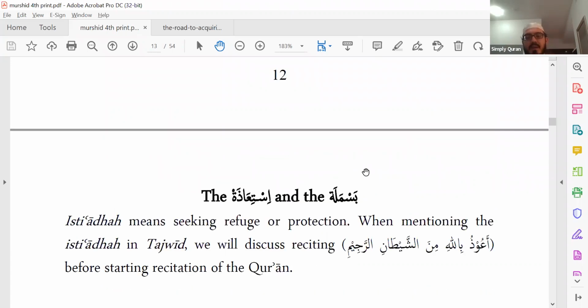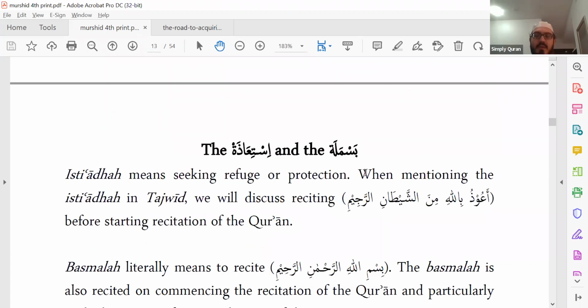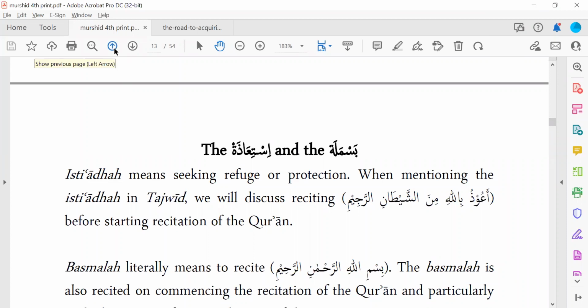Okay, then we did the isti'adha and basmala. So we said that when the reciter is about to recite, they will find themselves in one of 3 situations. Can someone quickly tell them all 3 situations, inshallah? Starting at the start of a surah, middle of a surah, and in between, going from one surah to the next. Ending one surah and going to the next.